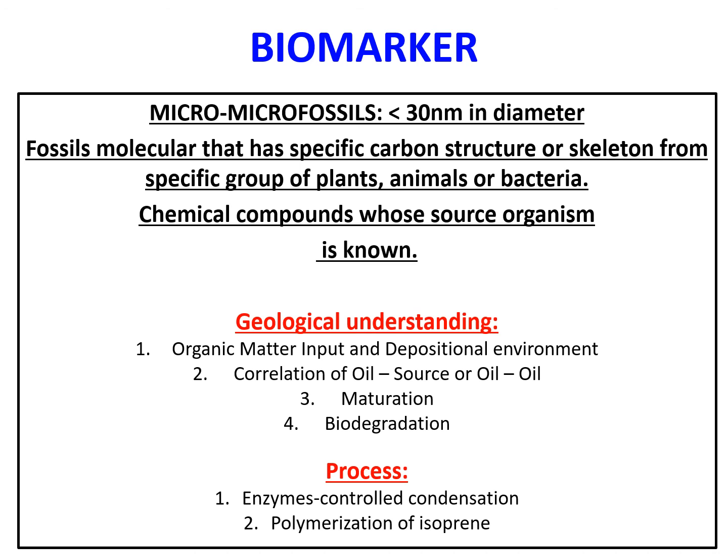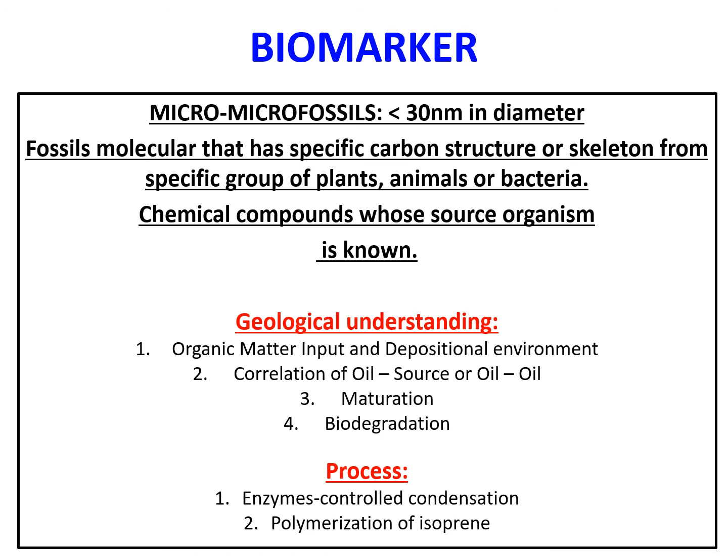So these are the basic pieces of information that biomarker analysis or biomarker studies can provide: organic matter input and depositional environment, and then oil-source correlations, maturation, and biodegradation processes.